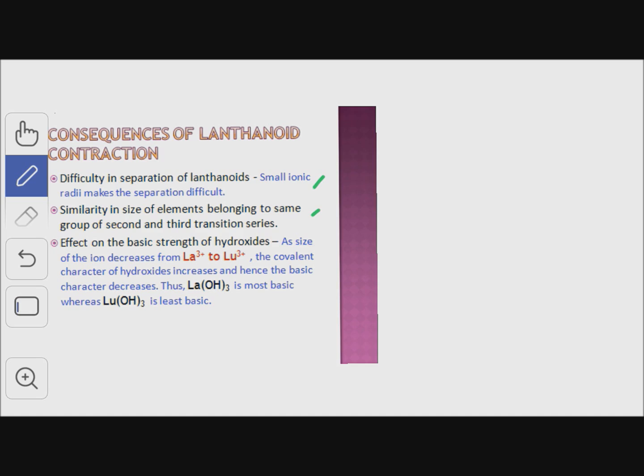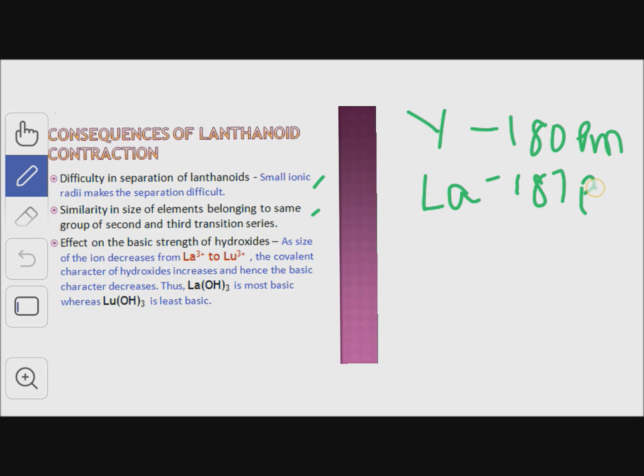For example, yttrium and lanthanum have almost the same size, 180 picometer in yttrium and 187 in lanthanum. This is due to the influence of the lanthanoid contraction.